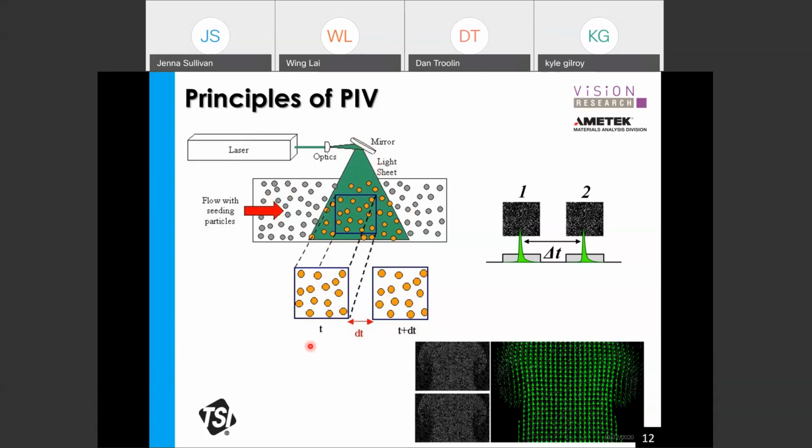The camera located around here captures two separate images. One image is at an instant of time equal to t, and the second is separated by a small delta t, so the second image is at t plus delta t. So we know exactly what the time difference is between these two separate images. Based on the correlation techniques, which I'm going to talk about a little bit later, we can find out the displacements of this group of particles between these two particular frames, as shown over here.